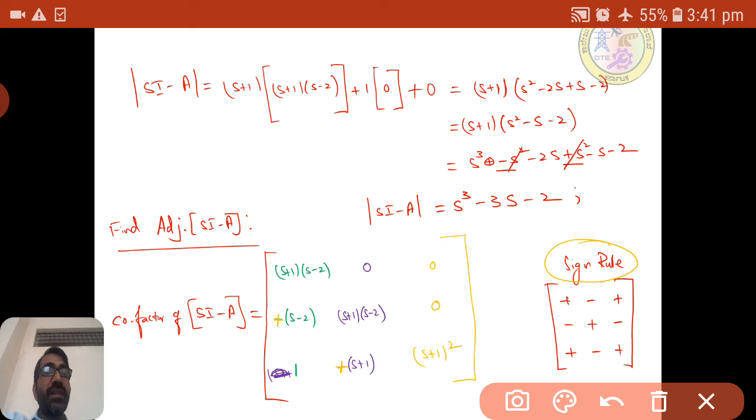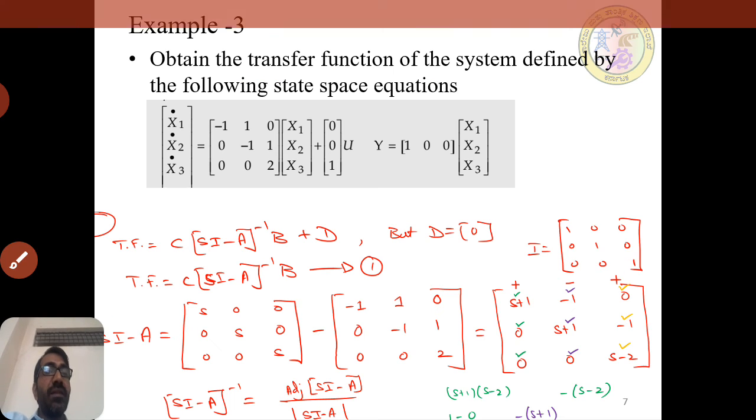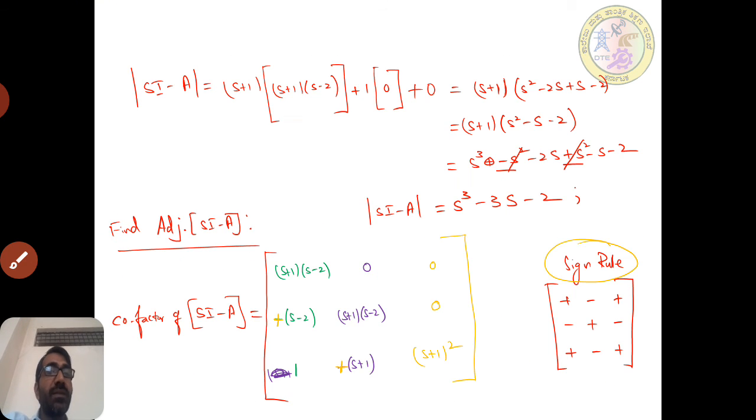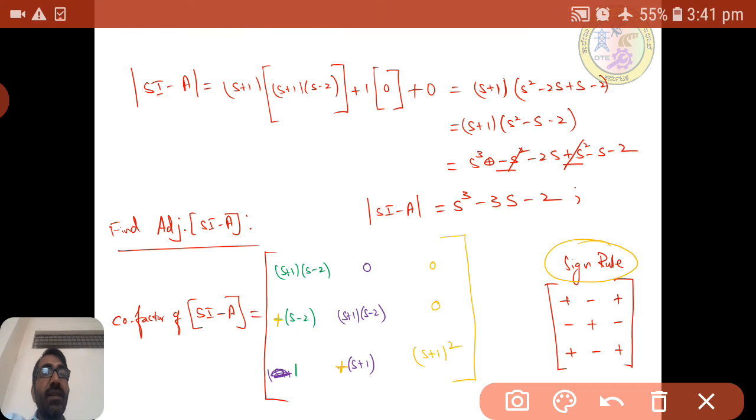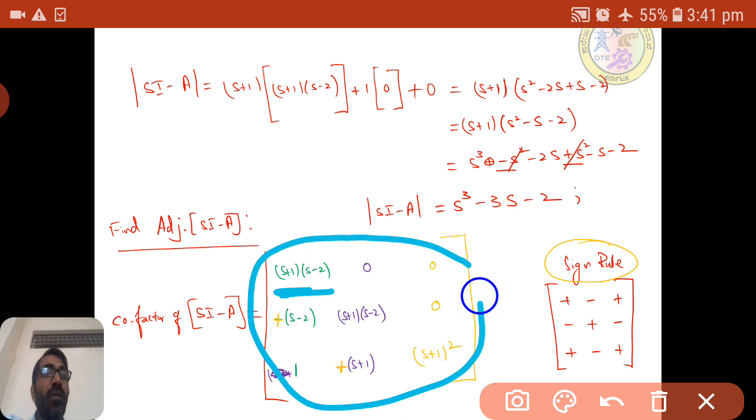Then to find the cofactor, in the same manner, take C11: leave its row and column, and compute s plus 1 into s minus 2, minus the other term, which is 0. So similarly we need to find the cofactors for all the entries, then apply the sign rule and change the signs.